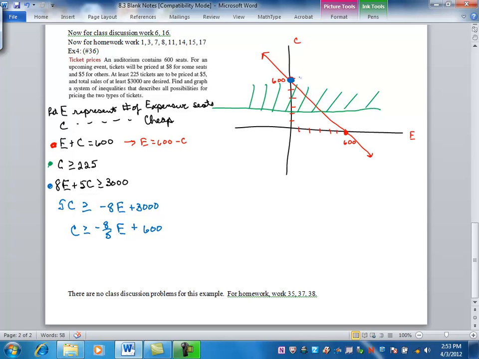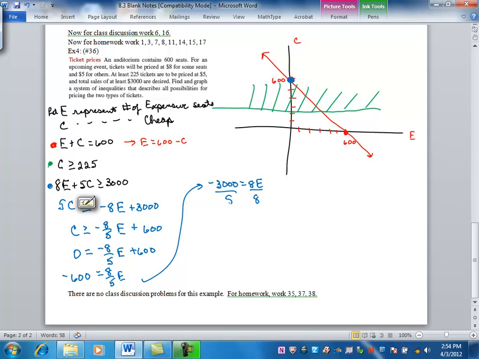And then let's see where it's going to cross the E-axis here, if you will. When C is 0, let's just solve this equation real quickly. I'm going to change this to an equal for the purposes of solving the equation. So negative 600 equals negative 8/5 E. Negative 3,000 equals 8E.